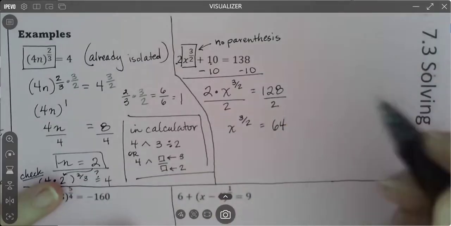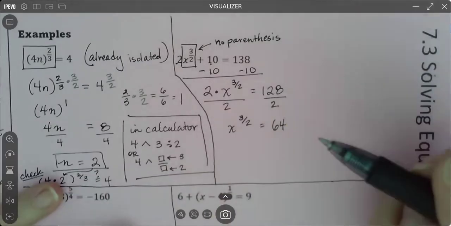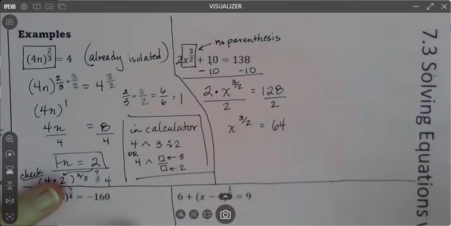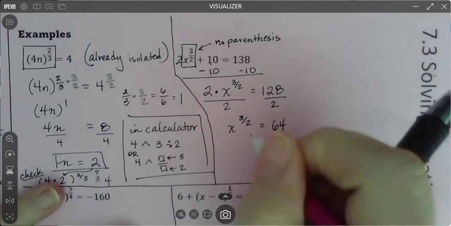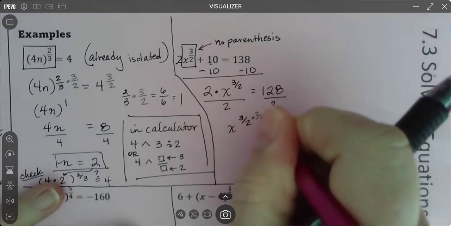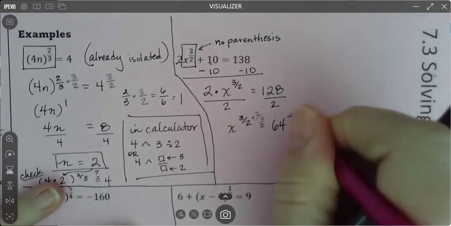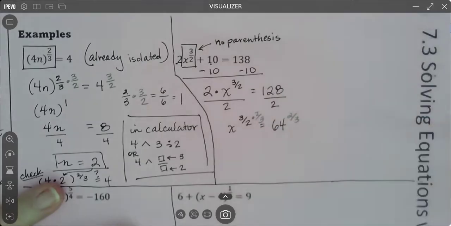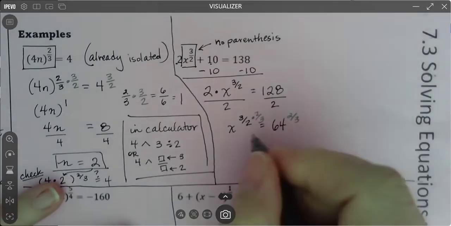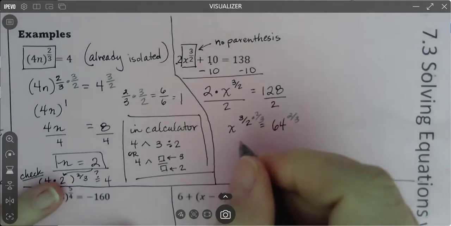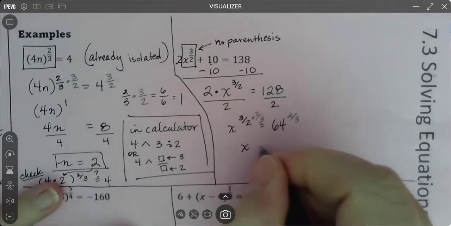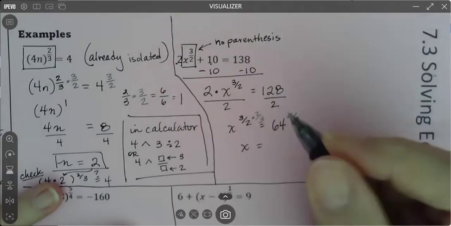Now this is isolated. So I will raise each side to the 2 over 3, the reciprocal exponent power. On the left side, I get x to the 1, which is x. And on the right side, I get 16.